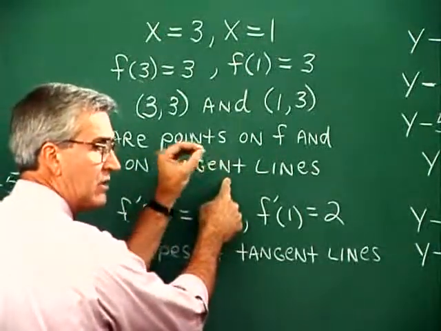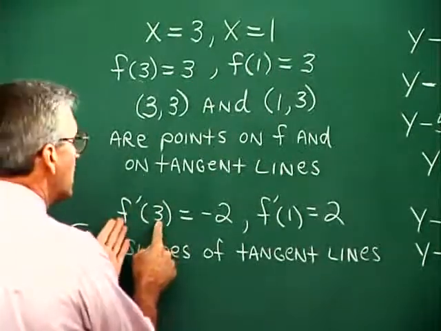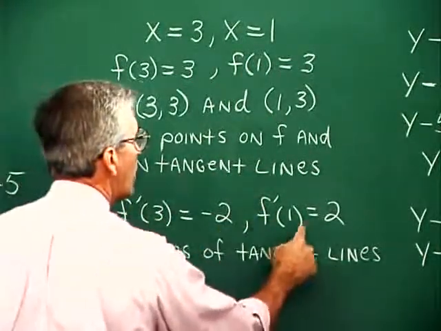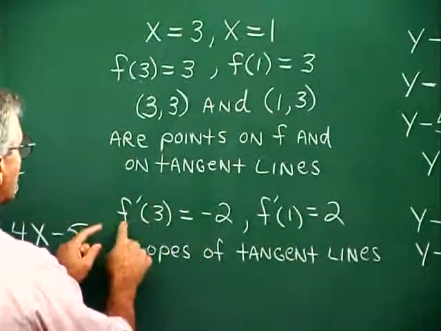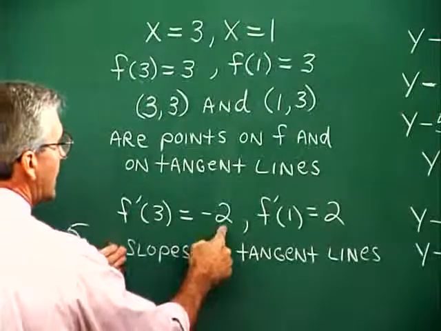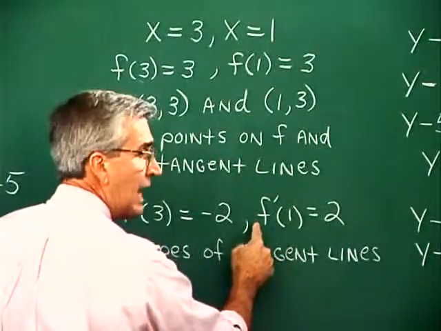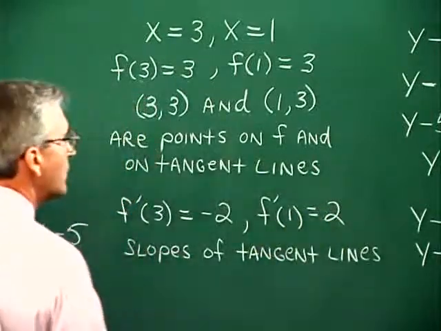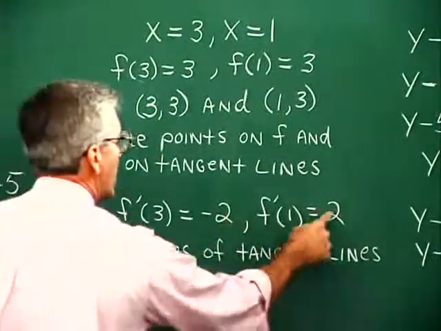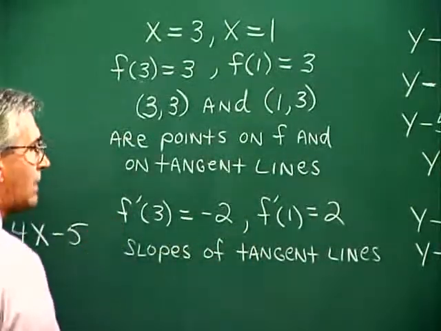All right, now, f prime of 3 is negative 2. F prime of 1 is 2. Now, this means in the f prime function, replace x with 3 and evaluate. We get negative 2. In the f prime function, replace x with 1 and evaluate. We get 2.